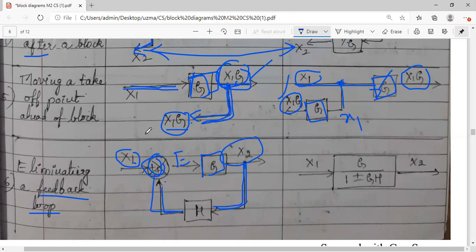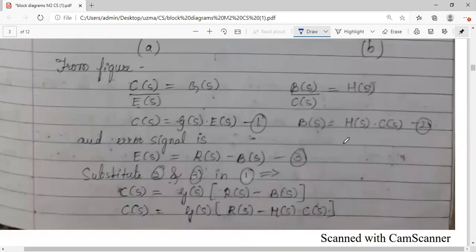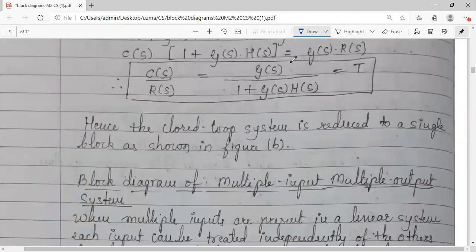So how will you eliminate this loop? How will you remove this loop? Already we have found the transfer function, if you remember. Shall I just share this slide with you? Yes, here we have found the transfer function G divided by 1 plus G into H. Here it is plus because it is negative feedback, but in our case we have taken plus or minus.